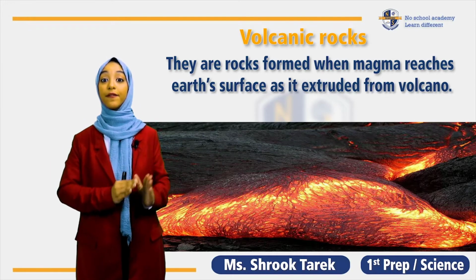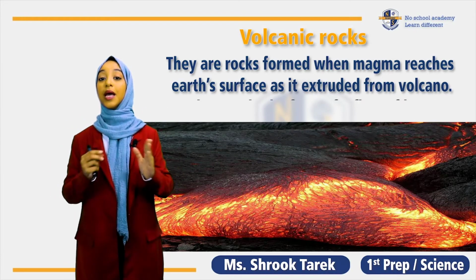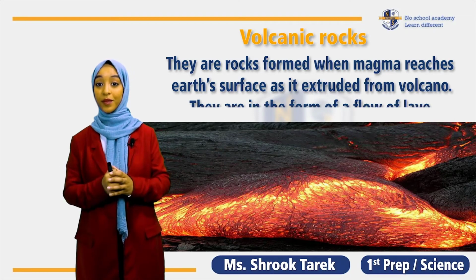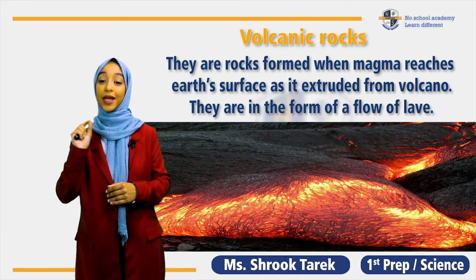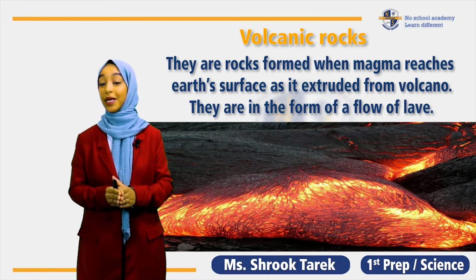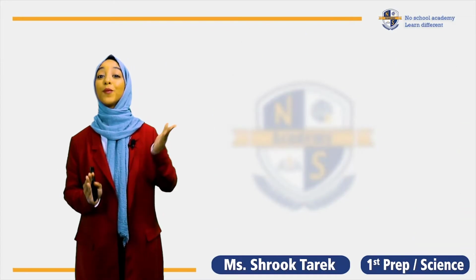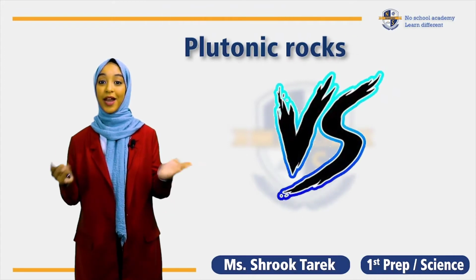So when volcanic flow happens then lava is formed. When the lava cools, ده ساعتها بنقول عليه volcanic rocks. يبقى احنا دلوقتي محتاجين نفرق كويس جدا ما بين plutonic rocks and volcanic rocks.